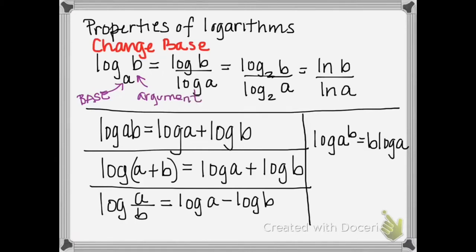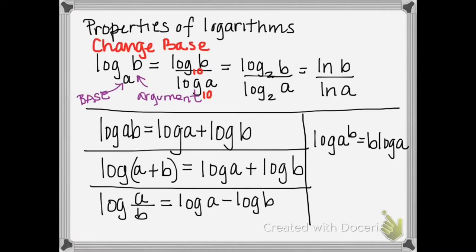So if you look at my iterations of the change of base formula, you see the first one here is base 10, and hopefully you understand that this is an understood base 10 that we don't write. Then the next one, we've got base 2, and in the next one we've got base e.